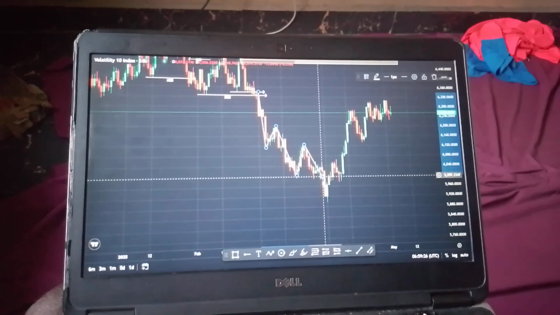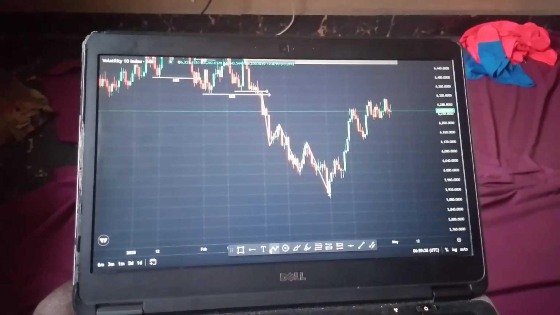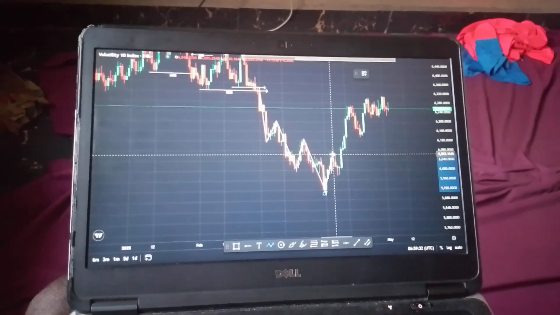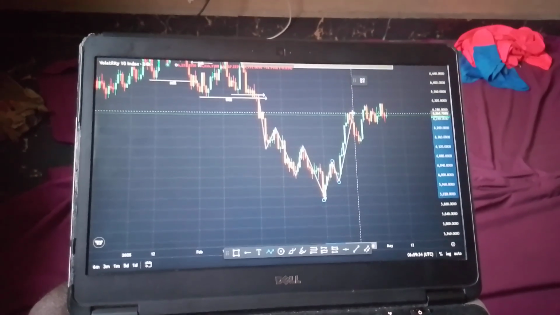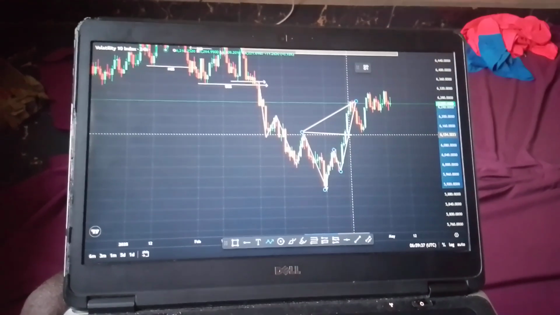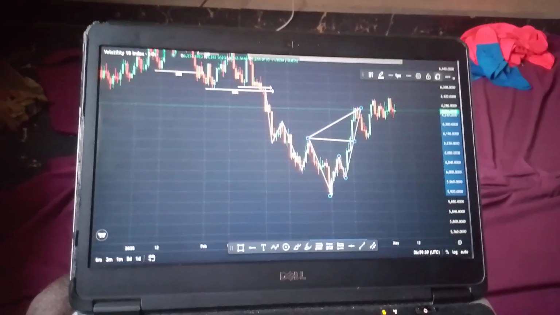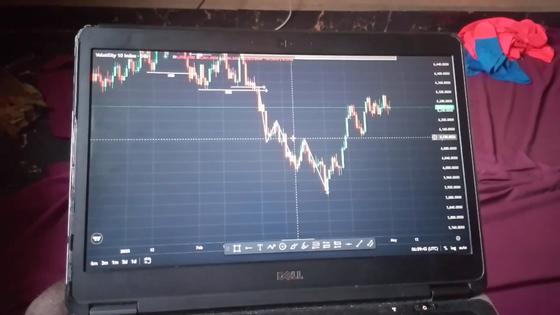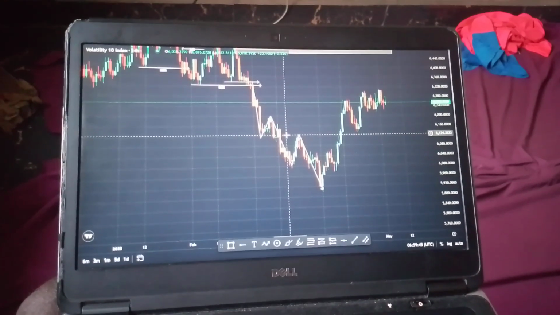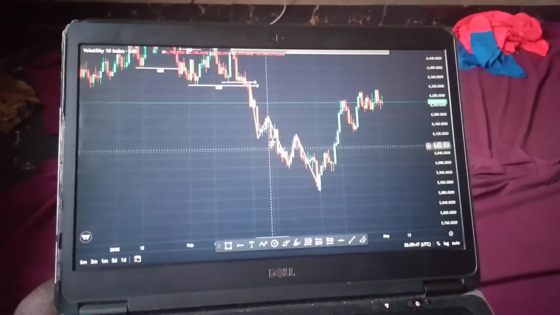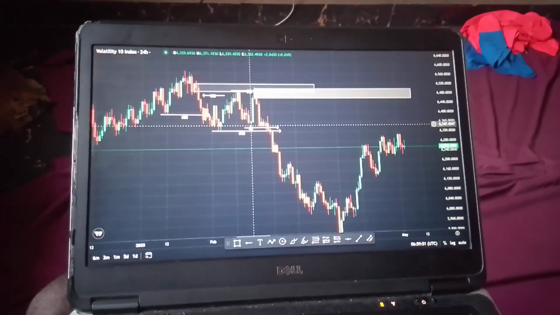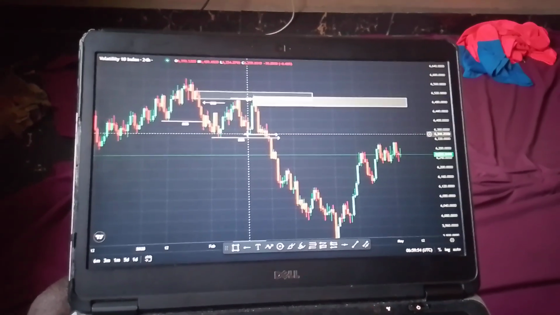After price formed that lower high, we saw price push up, forming a higher low, and then we crashed above the high there. So that is a shift in market structure, which is a pullback. Remember, we are not bullish. It is a pullback because we have already shifted structure.